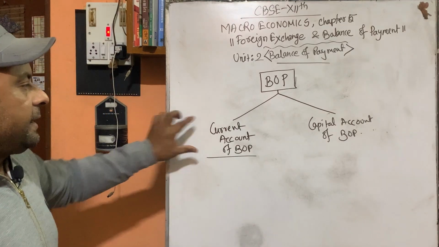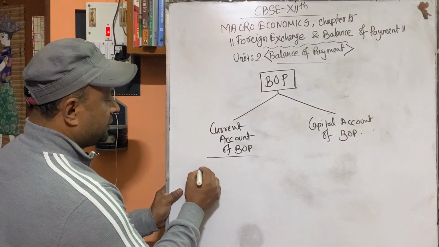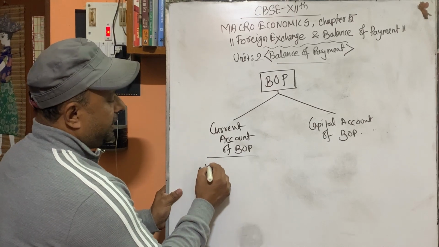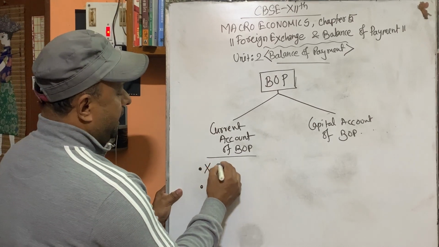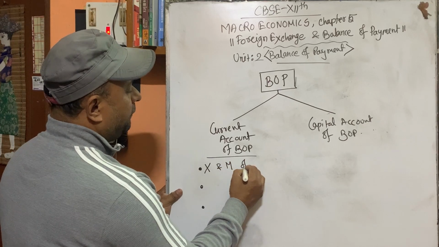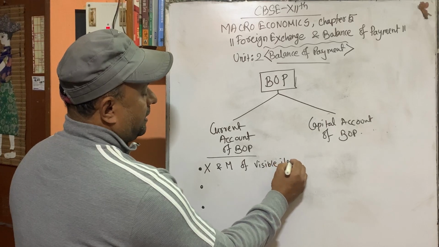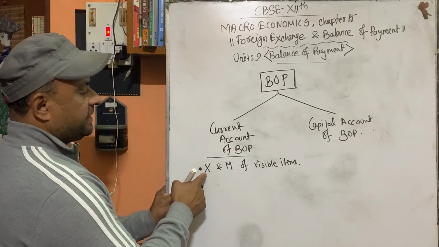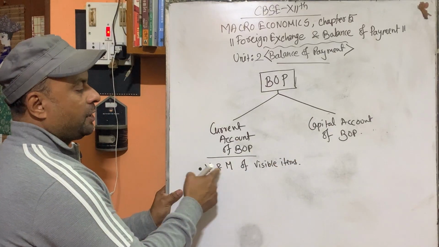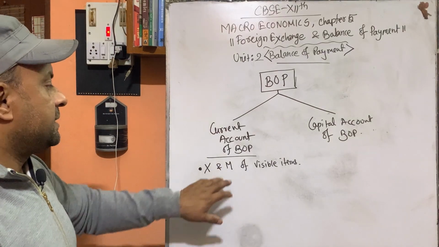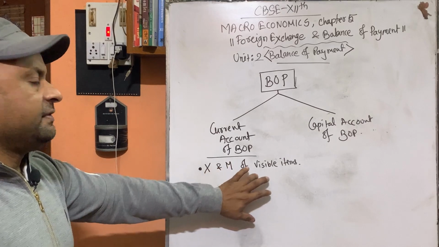In the current account there are three components. One is export and import of visible items. X stands for export, M stands for import. Export and import of visible items or material goods, suppose commodities, machines, these all are visible items.